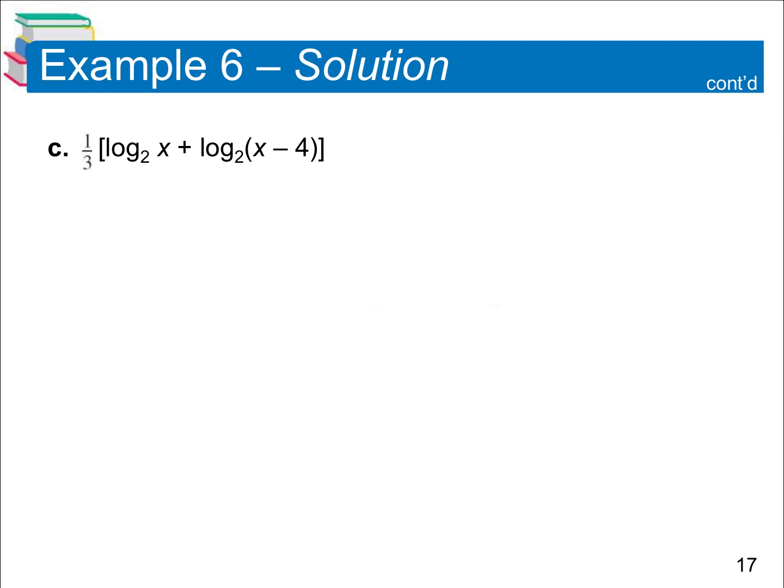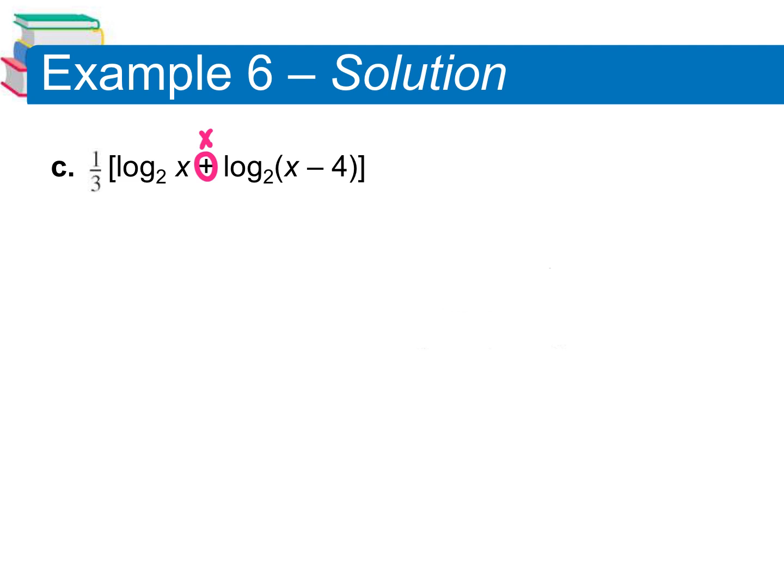You have 1/3 log 2 of x plus log 2 of x minus 4. We're going to do what's in the middle first, or the inside first. So represent your addition with multiplication. Just focus on that so far. You're going to have log 2 of x times x minus 4. Now, this whole thing is not the 1/2. It's being multiplied by the 1/3.